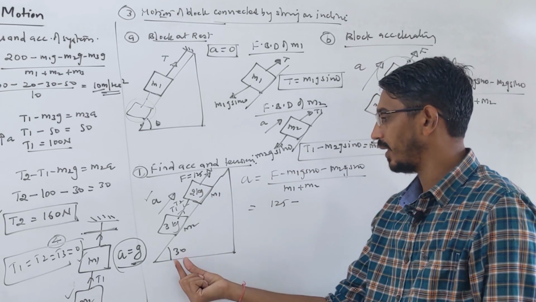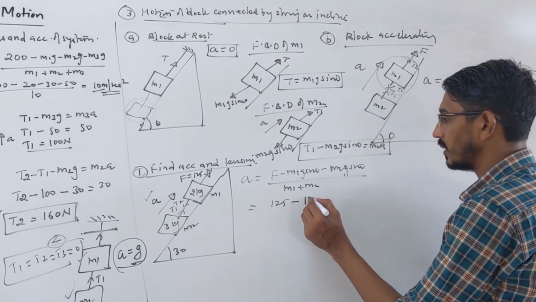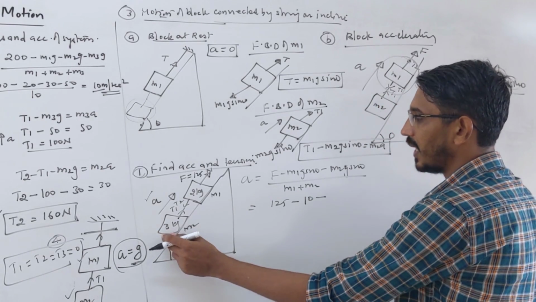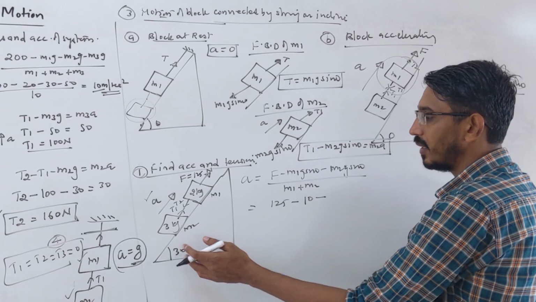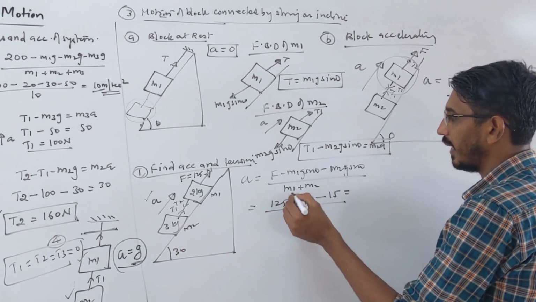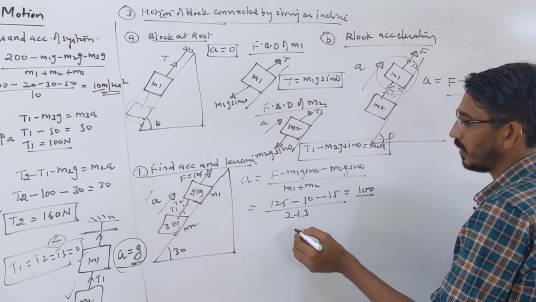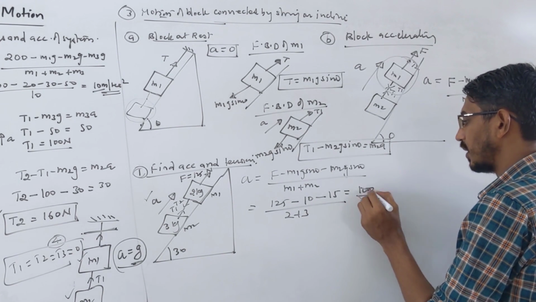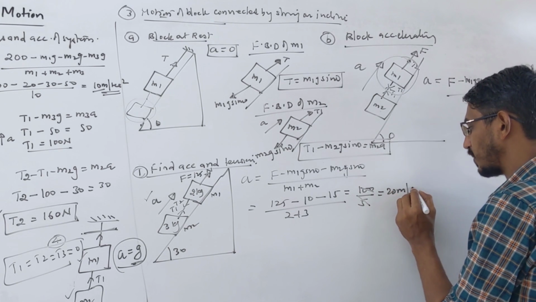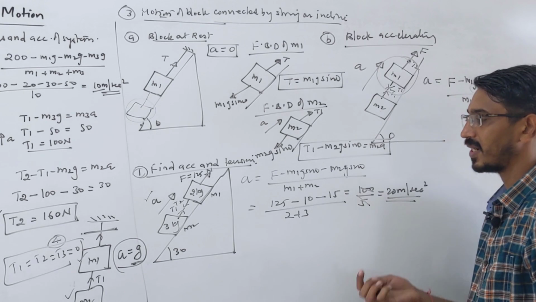Sin 30 means 1 by 2, so 20 into 1 by 2 becomes 10 Newton. Same for 3 kg, 30 Newton into sin theta becomes 15. So the numerator becomes 100, and m1 plus m2 is 2 plus 3, which is 5. It's coming out very big, but I just wrote values. So 20 meter per second square is the acceleration of the system.